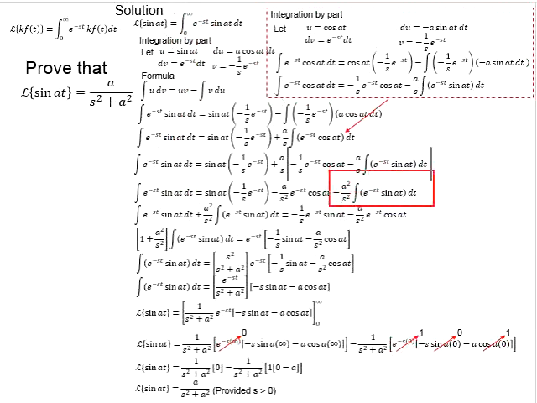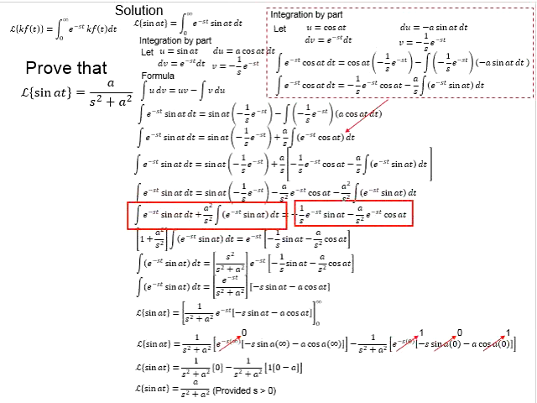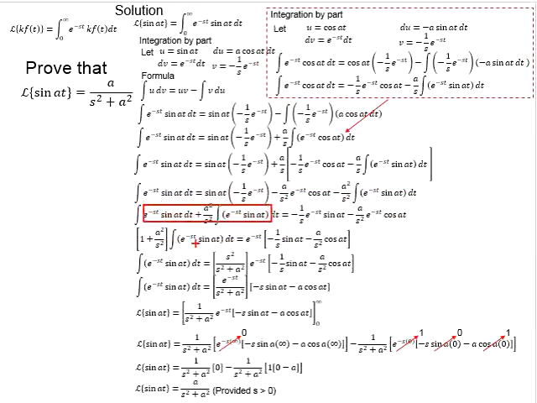You may move this to the opposite side of the equation, which gives you the integration of this on one side while the remaining is on the other side. Factorize this, take out the integration. What is left over will be this.